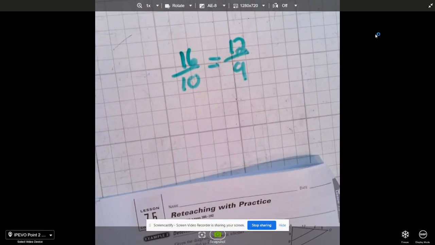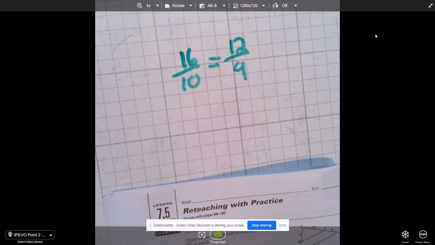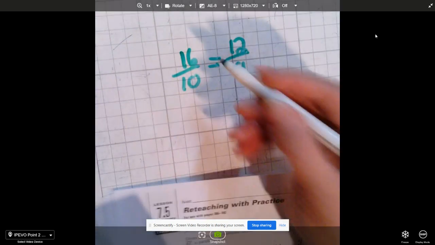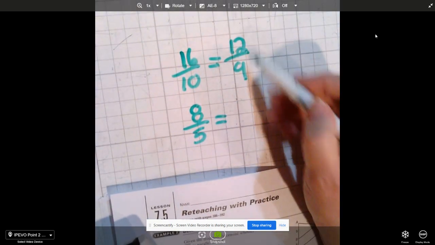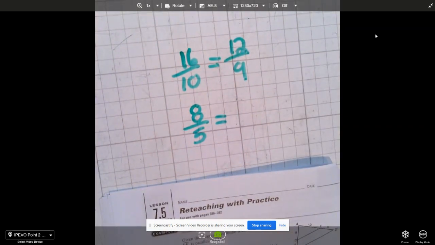Now you're going to reduce each fraction to see if they are equal to each other. And again, I know that you have this on your calculator, so you can go ahead and just reduce the fraction on your calculator. So if I say 16 divided by 10, I can divide both the top and the bottom by 2, and I'll get 8 over 5. 12 over 9, I can divide the top and bottom by 3.